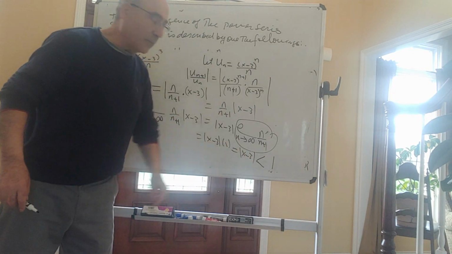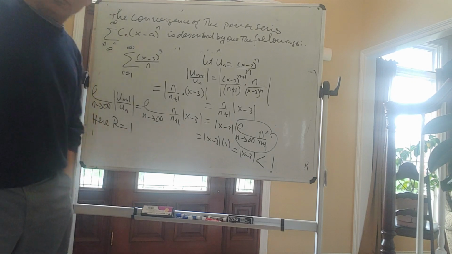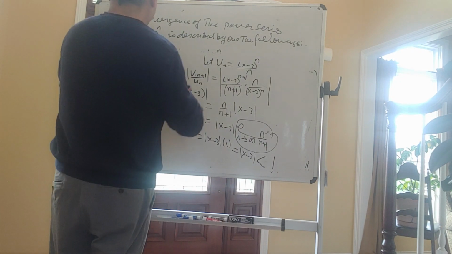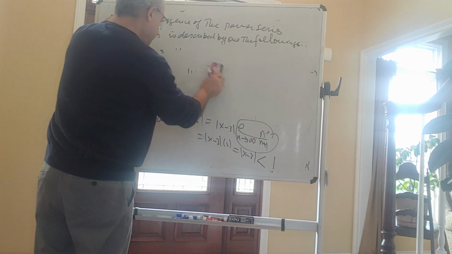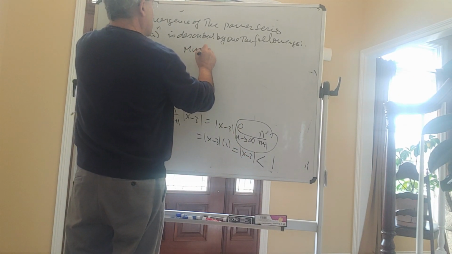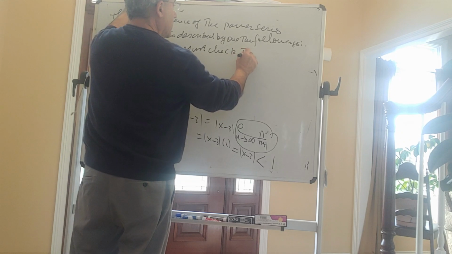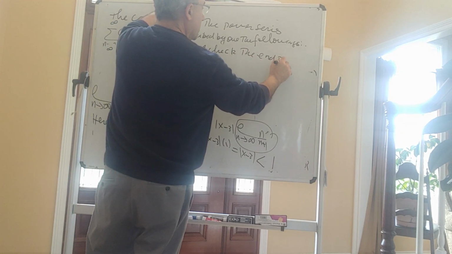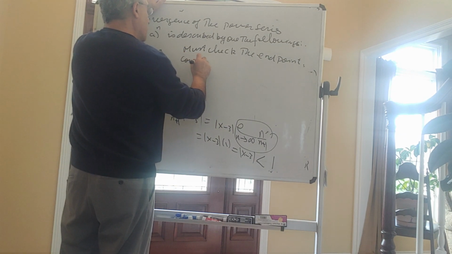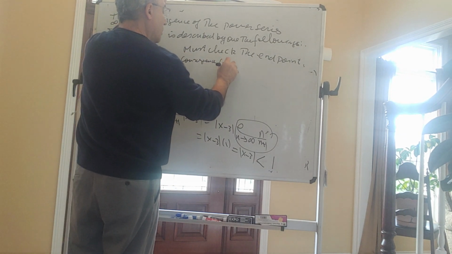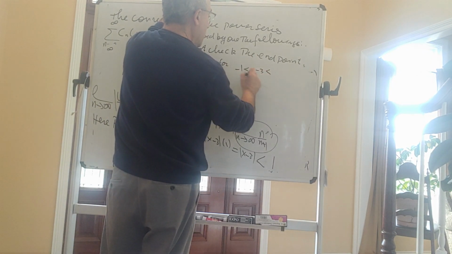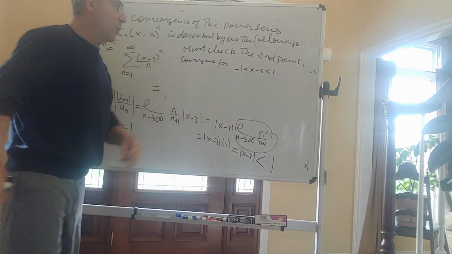Now, we need to look at the endpoints. So we must check the endpoints. So we have convergence for x minus 3 between 1 and minus 1.